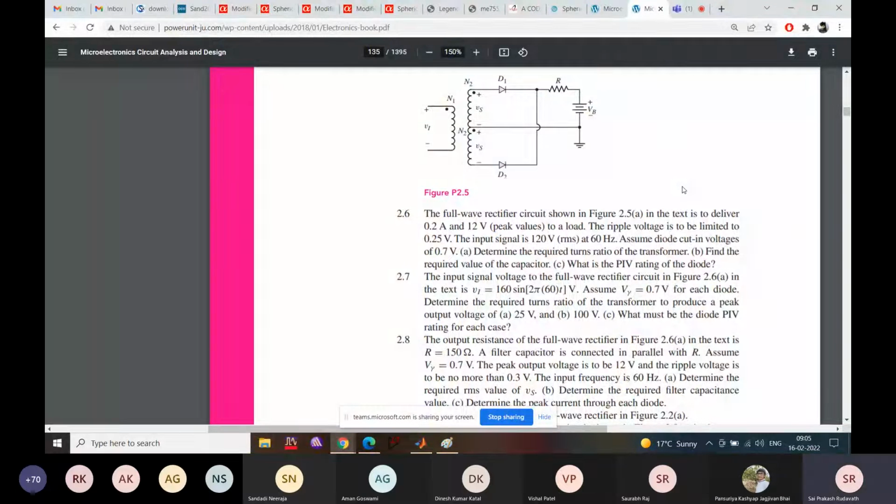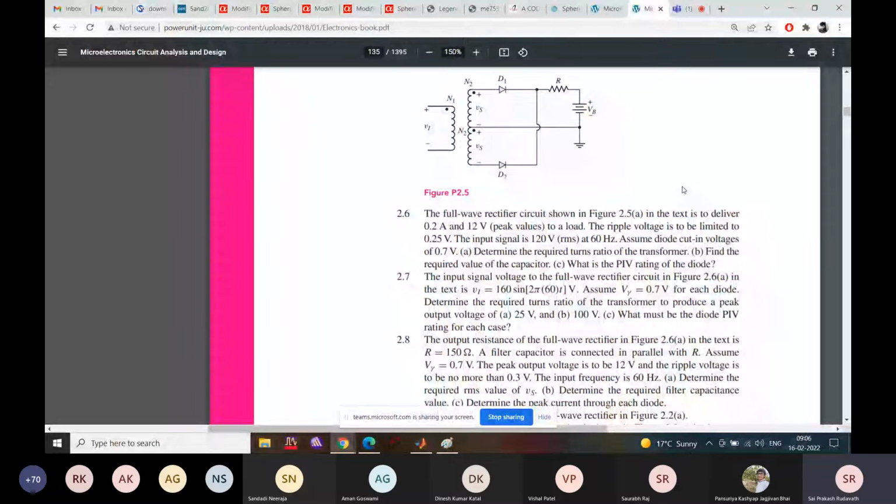What's the peak value? 169.705. Yes, 120 root 2.